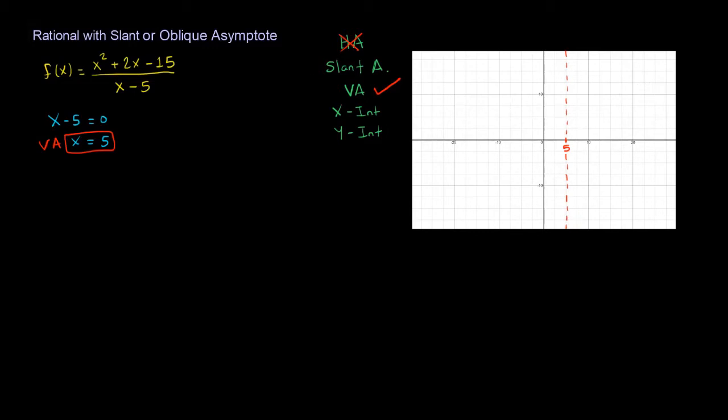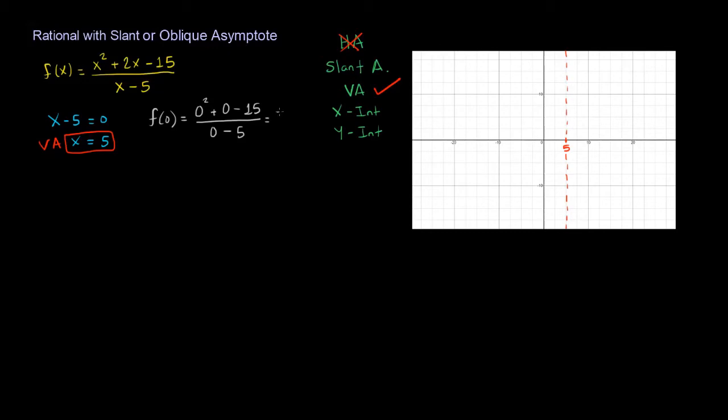Now I'm going to get the y interception, which I think is the simplest now. I'm going to evaluate f of 0. If I evaluate f of 0, I will have 0 squared plus 2 times 0, which is 0 as well, so I'm going to just write it directly: 0 minus 15 over 0 minus 5. Now at the end we can simplify this.